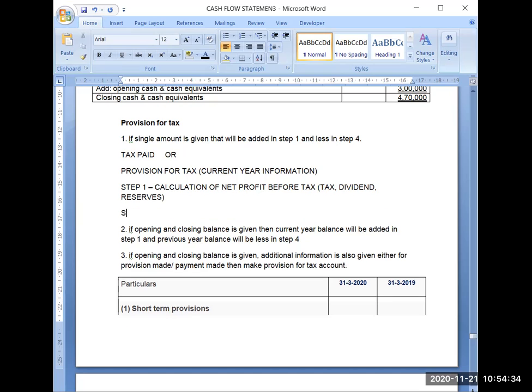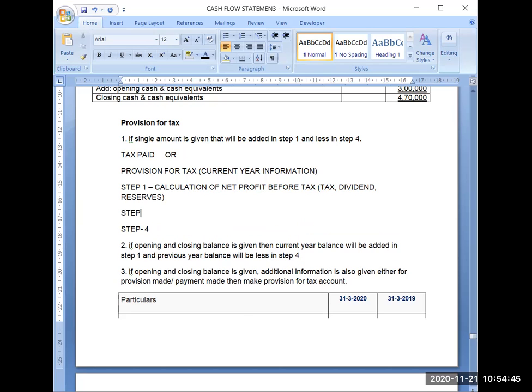Then in step 4, what is step 4? See, your step 2 is addition of, just let me remind you again. Step 2 is non-cash and non-operating expenses and incomes. These you have to adjust there.